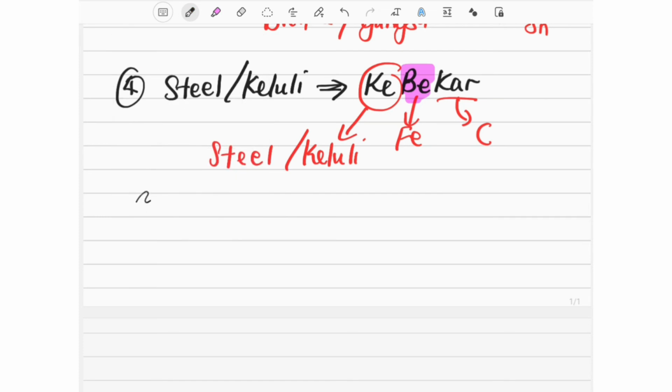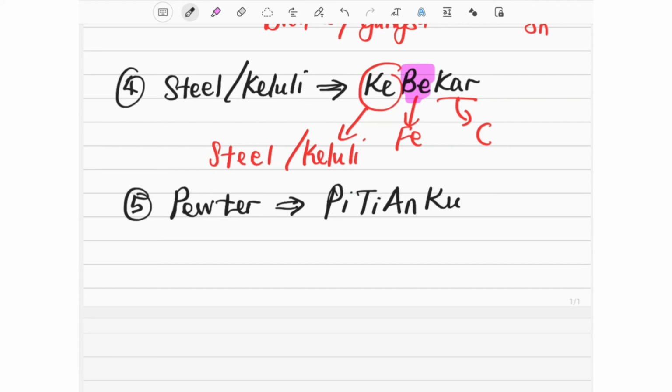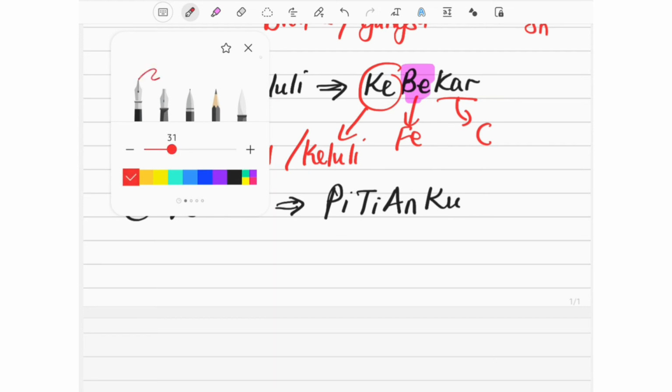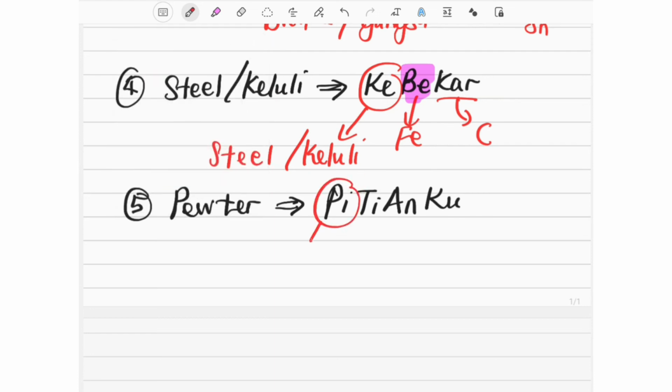And last one, pewter. Pitian ko. P, pewter, alloy.